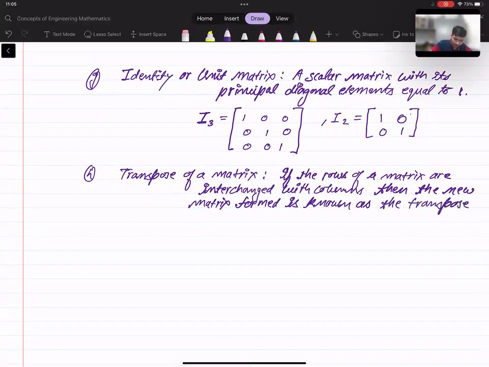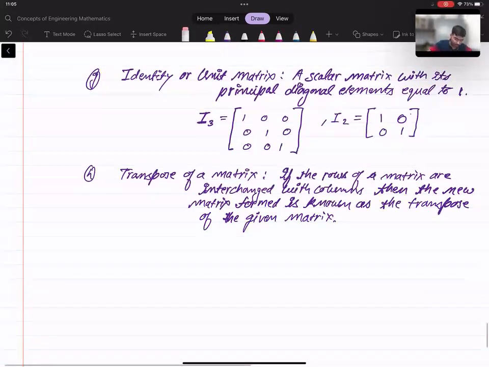And the transpose is represented by a dash or prime symbol over the matrix name.